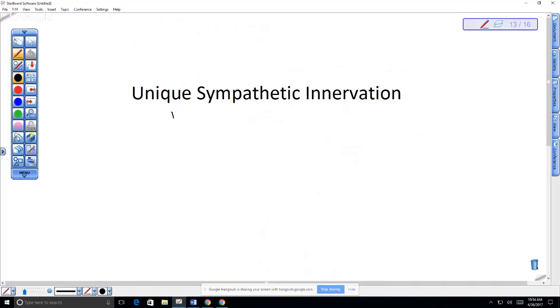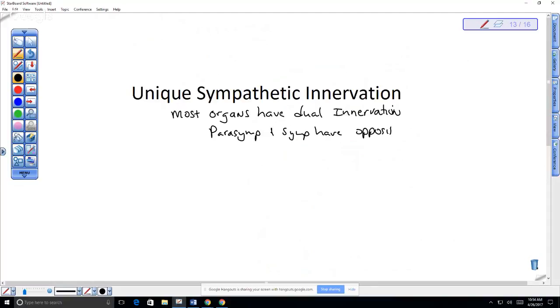So here I'm going to put most organs have dual innervation, and the parasympathetic and sympathetic have opposite effects, except for a few exceptions to the rule.